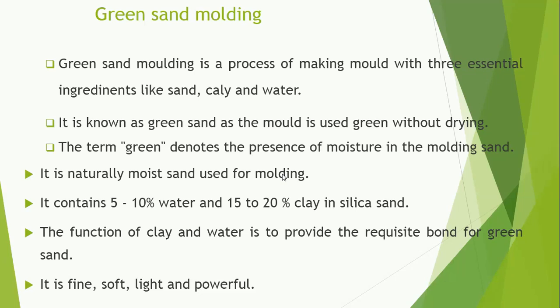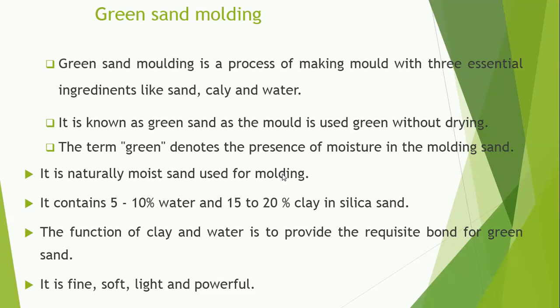If I have to improve the strength of the molding sand, I have to add dextrine or molasses. All these are the additives. They are added inside the green molding sand, maximum up to 2% of the weight of silica sand, to improve a few of the properties.